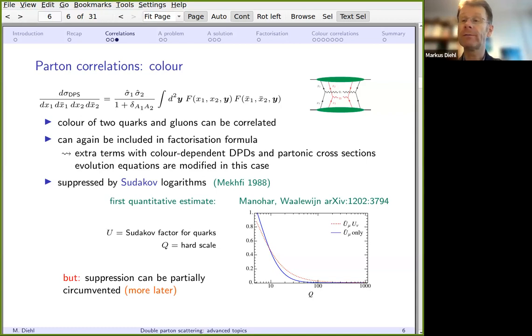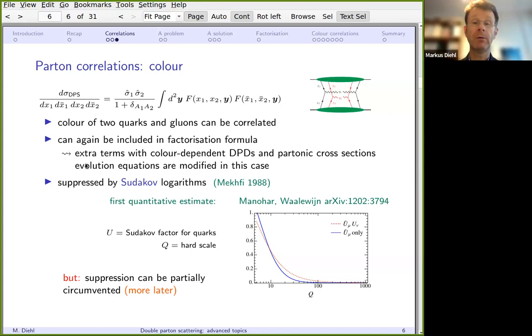And those of you who have seen Sudakov logarithms in other applications know that Sudakov suppression can be very strong. We're talking about orders of magnitude even. And if that's the case, obviously, you forget about these color correlations.